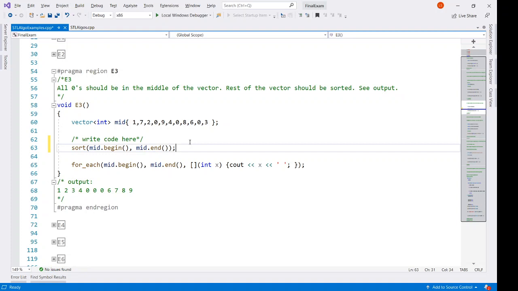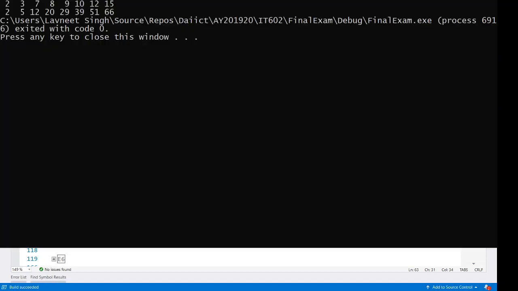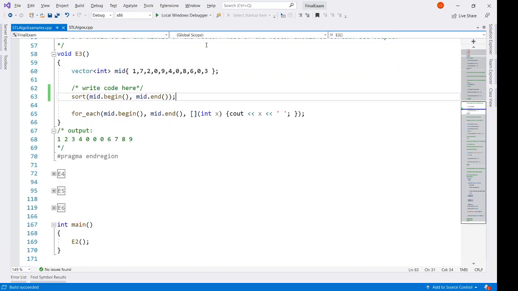Now this will sort the vector, and let's build and see the output. The zeros will be in the beginning, and then the rest of the vector, right? So we will be successful in bringing the zeros together. We need to call this function, and then we will see how to go further to get the desired output.